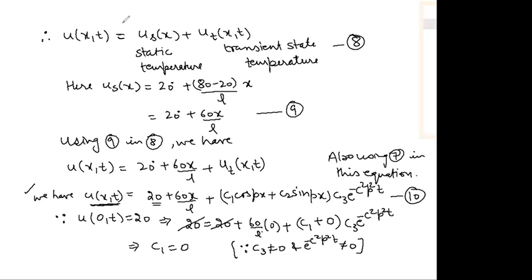You will just have u equals 20 plus 60 x by L. We don't have any concern with these last two terms, so we cannot use C3 equal to 0 or e to the power minus c square p square t equal to 0. So C1 is 0. Now I will put C1 equals 0 in equation number 10.